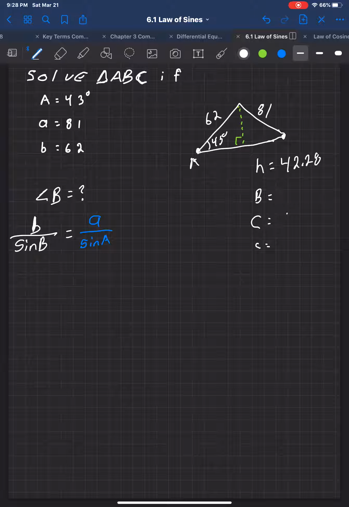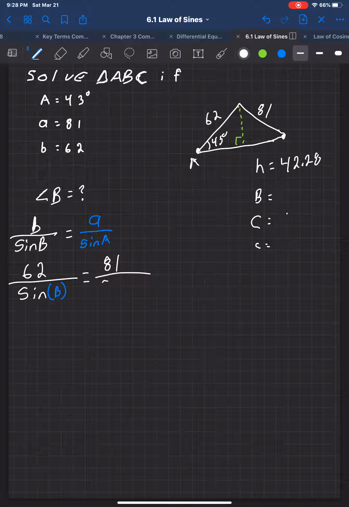All right, so let's plug everything in. This is going to be 62 over sine of angle B, equal to 81 over sine of 43 degrees. Do I have 3 of the 4 parts? I do. We can now cross multiply and divide. I'm going to go through this because it's the first time we've actually solved for an angle.